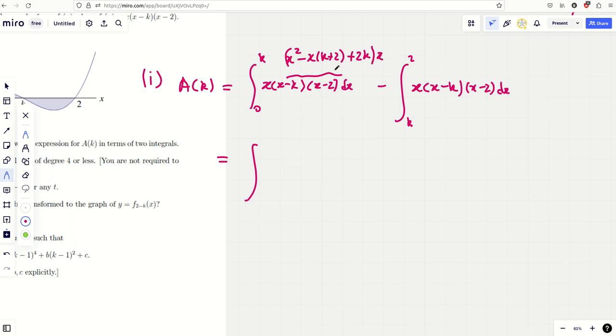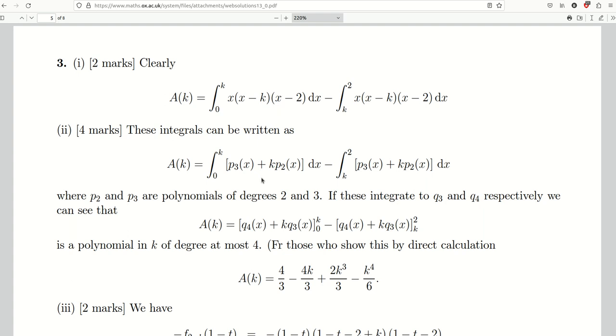What that's going to give you is an x cubed, which is a polynomial of degree 3 in x. And then why is it a polynomial of degree 2 multiplied by k? Well, because you're going to get x times x there, which is x squared, times a k, and therefore you've got a polynomial of degree 2 in x multiplied by k. And that's why this solution works as it does.